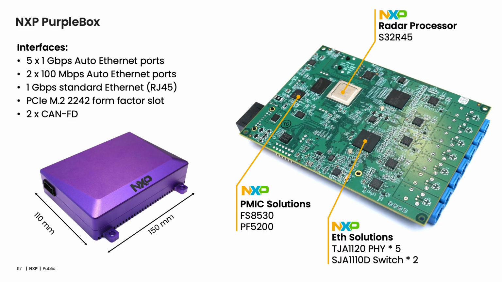Okay, the core part of that is a development platform that I've been involved in. It's the NXP Purple Box. Here we're actually reusing one of our established imaging radar processors, S32R45, but we've taken advantage of its networking capabilities to build this platform. R45 is already in production.